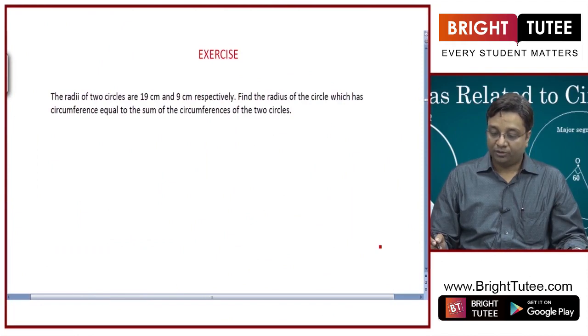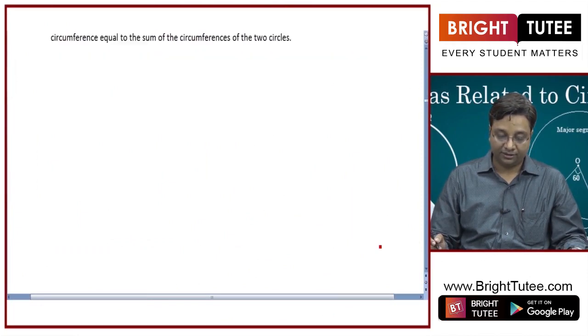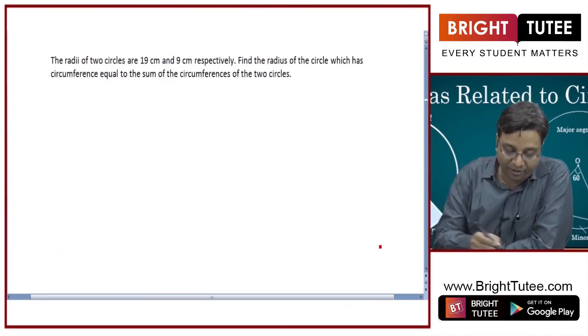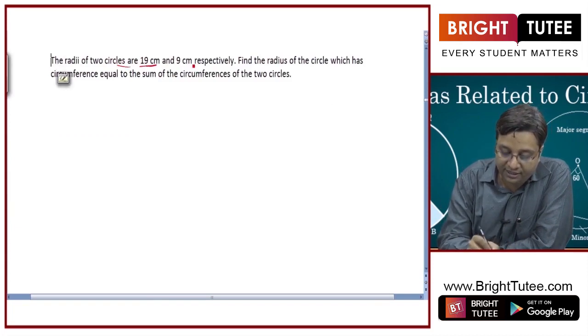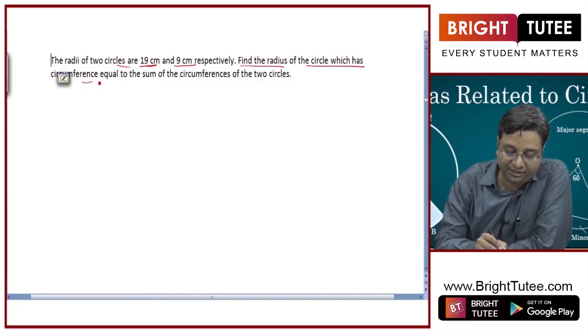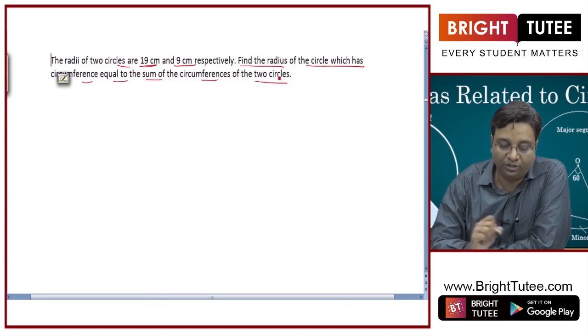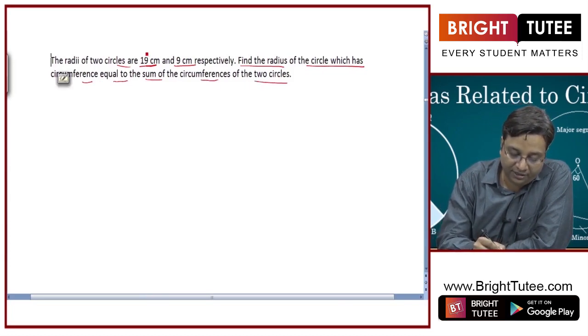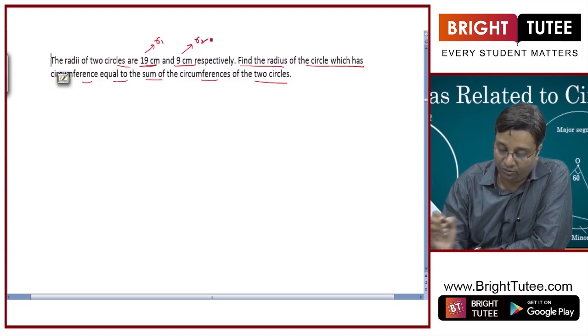Okay, let's look at some more questions in this exercise. The radii of two circles are 19 centimeter and 9 centimeter respectively. Find the radius of the circle which has circumference equal to the sum of circumferences of two circles. Let us say this is radius of circle 1, this is radius of circle 2.